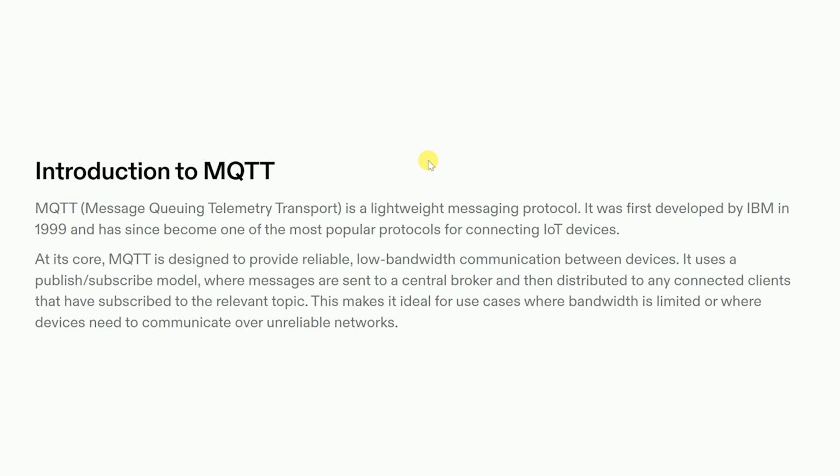It is designed to provide reliable low bandwidth communication between devices, and it uses a publish and subscribe model where there's a central broker to which all the clients and subscribers are connected, and the whole process from the sender to the receiver is managed by that broker.